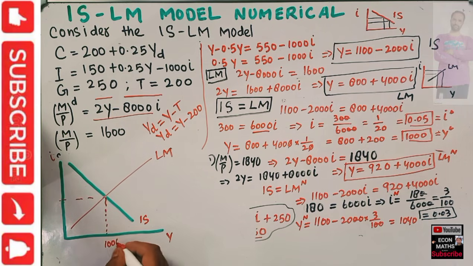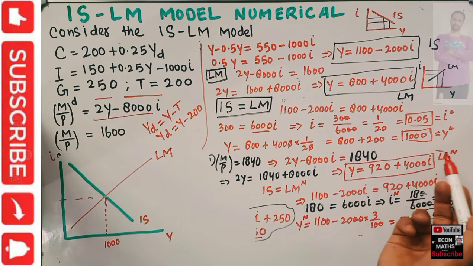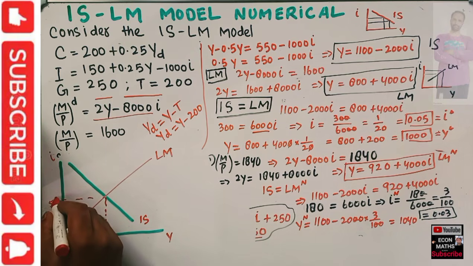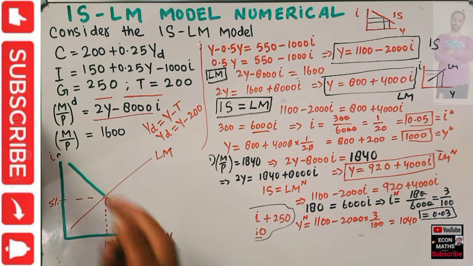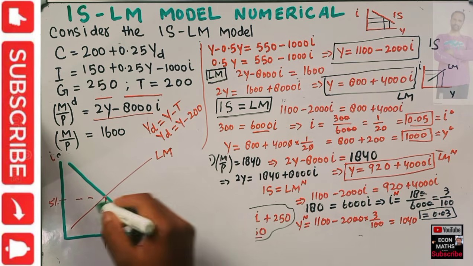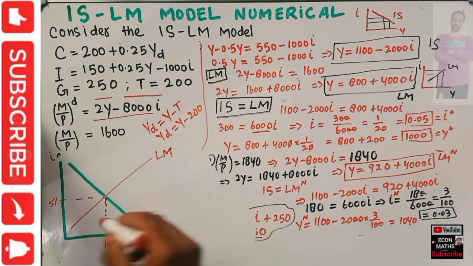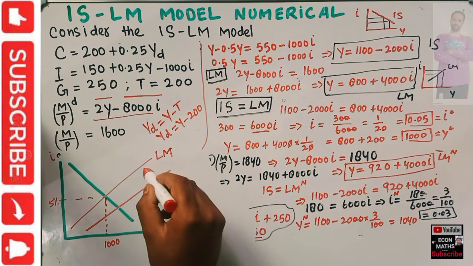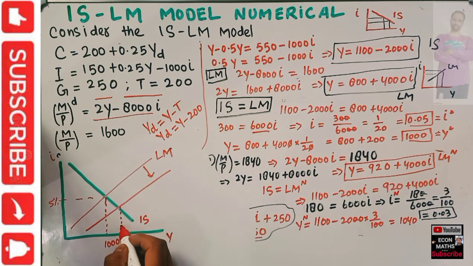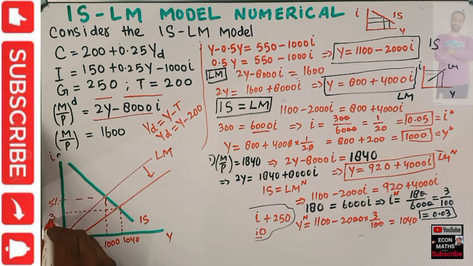Initially we were having 1000, and here we were having 5%. When money supply increased to 1840, what has happened? Our LM curve has shifted to the right, and our new equilibrium came out to be 1040, and corresponding to this our interest rate came out to be 3%.